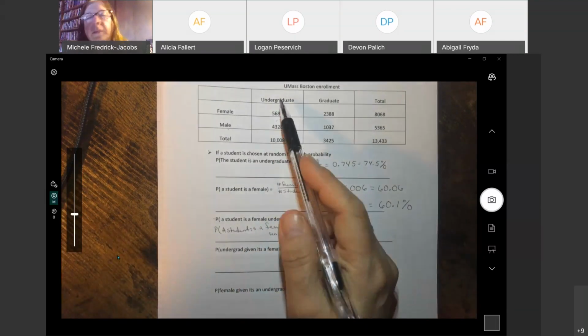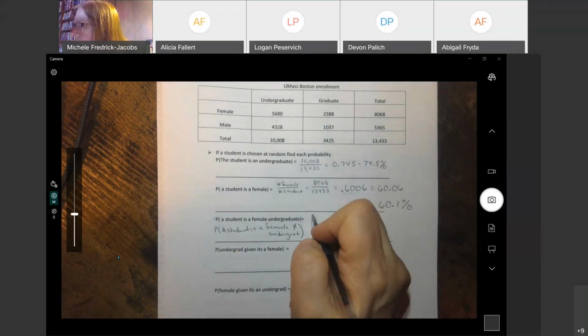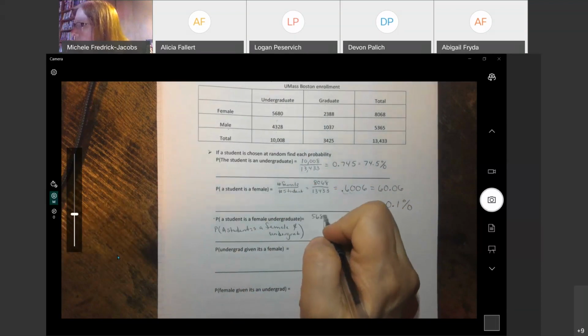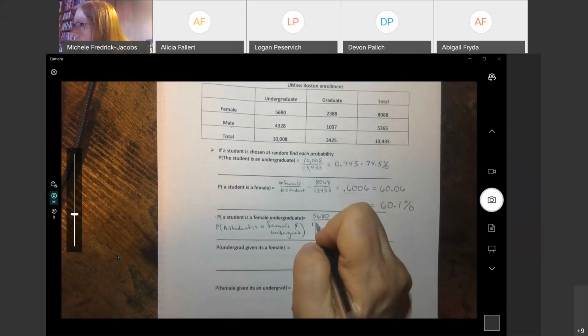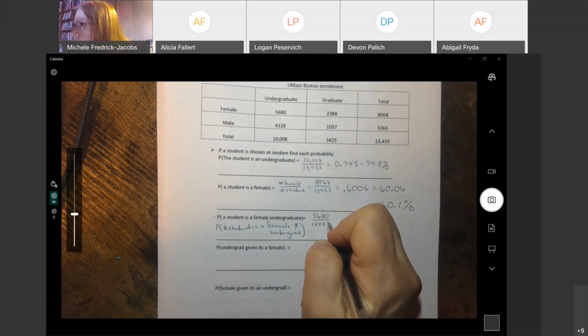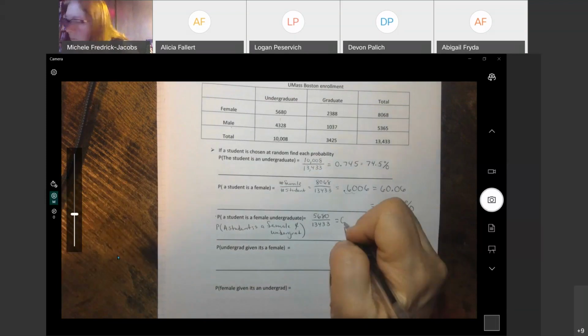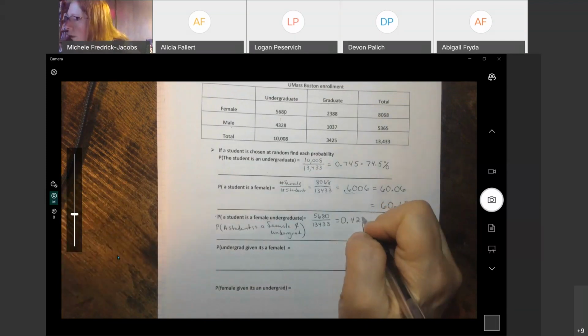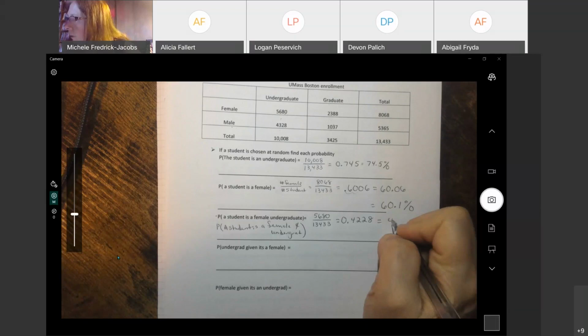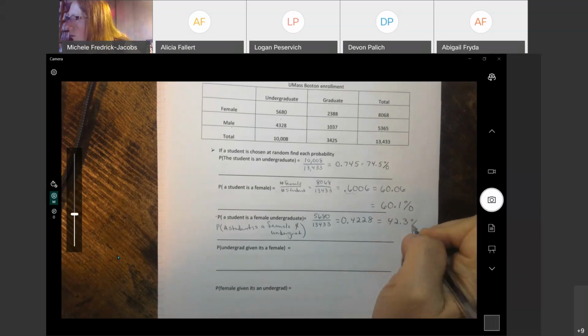Female undergraduate, 5,680 divided by the total. Decimal is 0.4228, which is 42.3%.